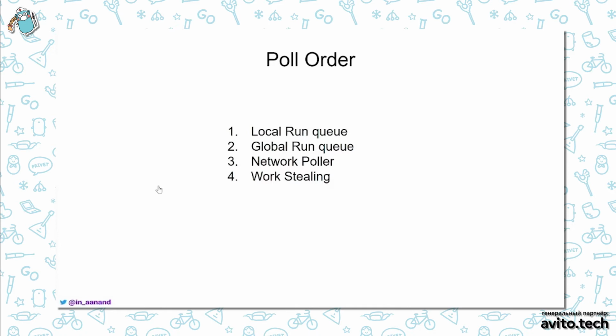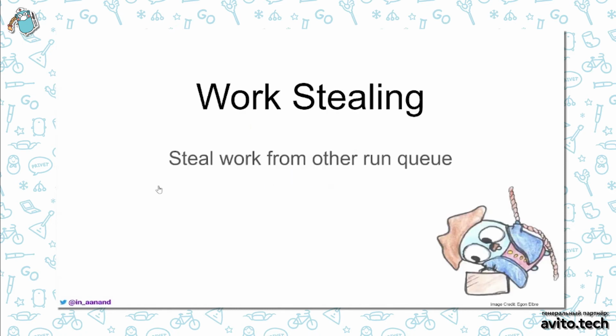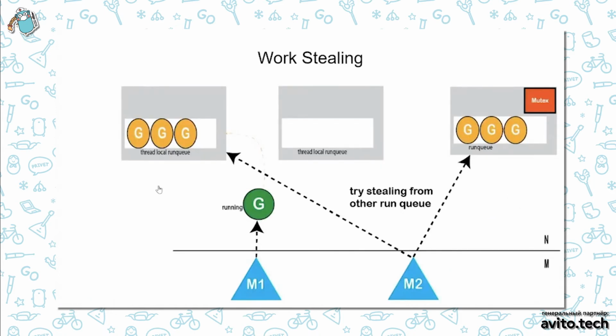By now, we have some overview of the local run queue, global run queue, and network poller. Let's look into work stealing. The gist of work stealing is that if the local run queue is empty, try stealing work from a different queue. Work stealing solves the problem when one thread has too much work to do and another is just sitting idle.